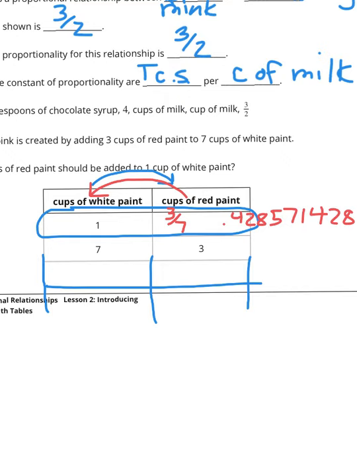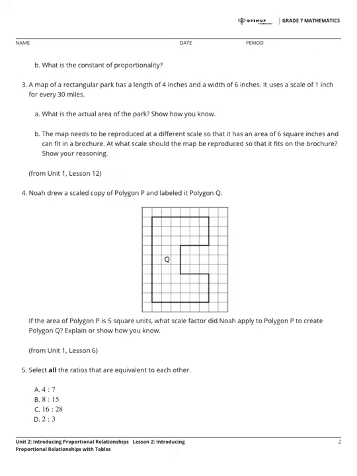Sometimes the fraction is more convenient to write than the decimal. And when we go back to that table, it's this number. It's whatever number is next to the 1 in the table. Question B here says, what is the constant of proportionality?